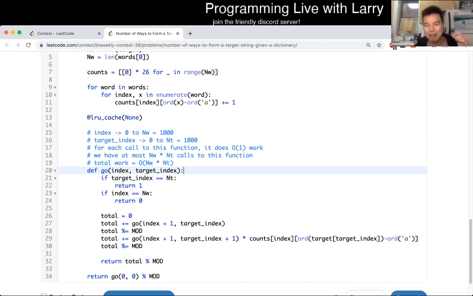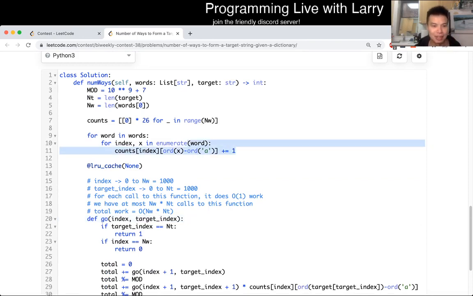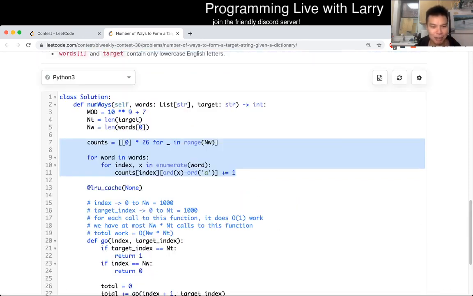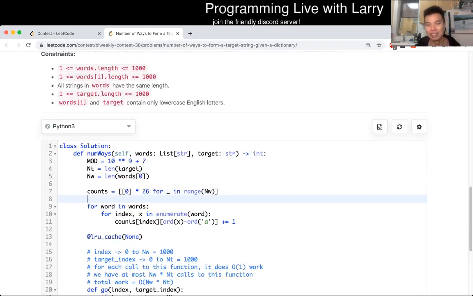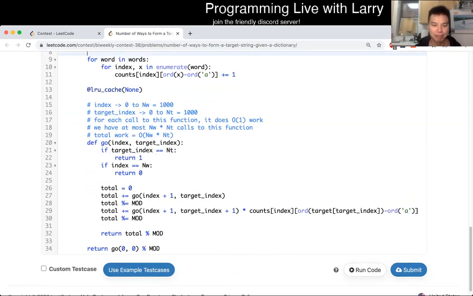Maybe I'll put a link below on my tutorial explaining how to do that, if you're interested. And this is also O of N sub W times the number of words, which is 1,000 squared again.